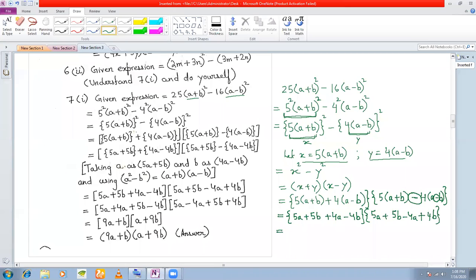Now you just simplify like terms. 5a plus 4a becomes 9a, and 5b minus 4b is plus b. And 5a minus 4a is simply a, and 5b plus 4b is 9b. Okay, so this has been factorized into two factors. Any doubts?